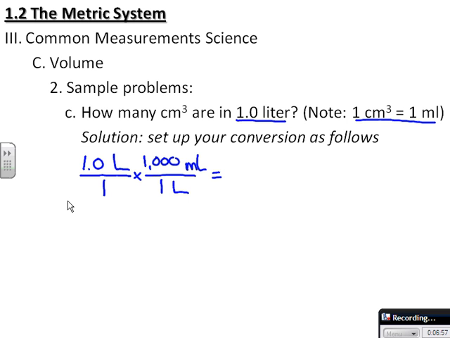Well, oops, that should be a multiplication sign. 1 milliliter is actually equal to 1 cubic centimeter. So now you can cross out milliliters, cross out liters, and there you go. You will get an answer. In this case, the multiplication is really simple. It's just 1,000 cubic centimeters in 1 liter. Okay.